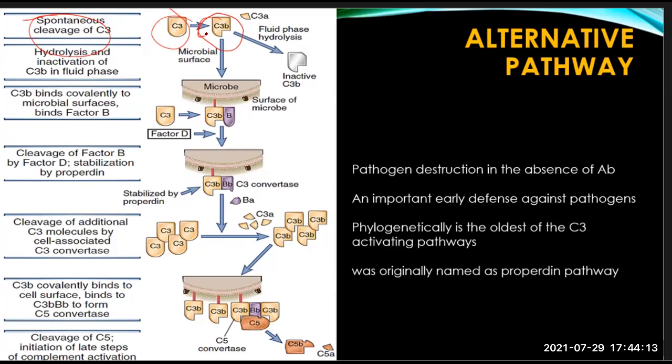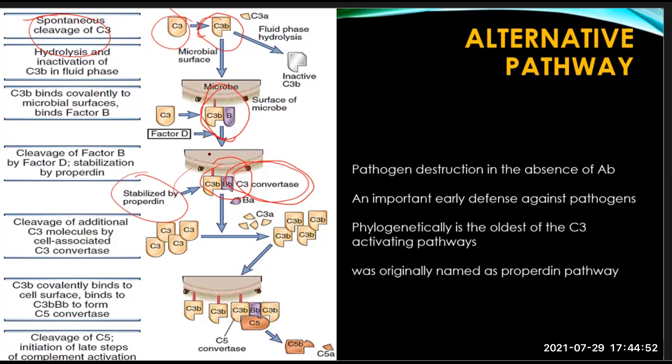If the C3b is deposited on the surfaces of microbes, it binds factor B and forms the alternative pathway C3 convertase. C3b binding to factor B leads to the development of C3 convertase. This C3 convertase is stabilized by properdin.